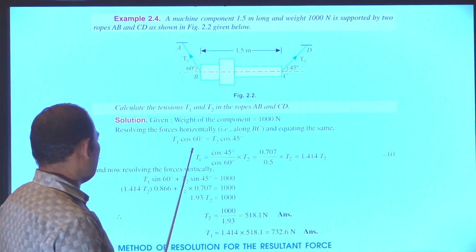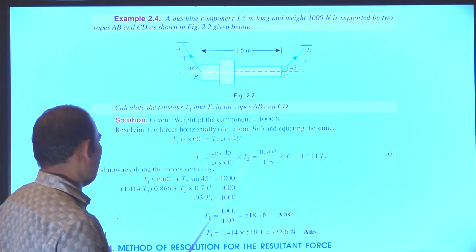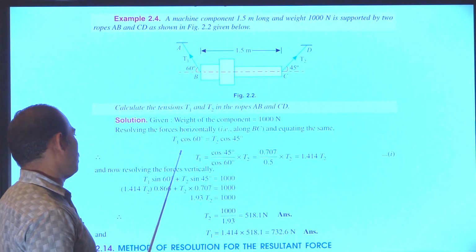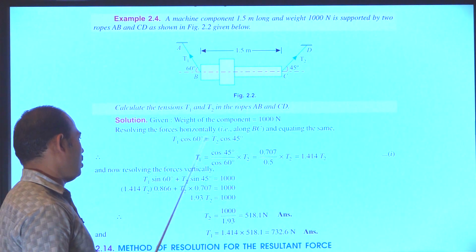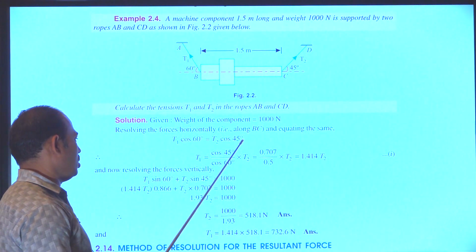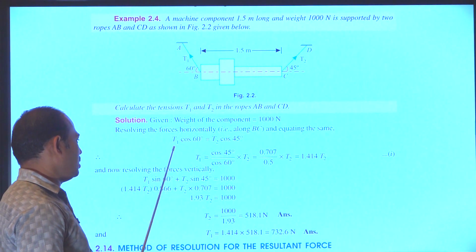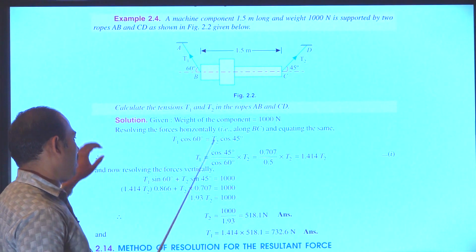Now resolving all the forces horizontally and equating, we get T1 cos 60 degree equal to T2 cos 45 degree. So T1 is equal to T2 cos 45 divided by cos 60.